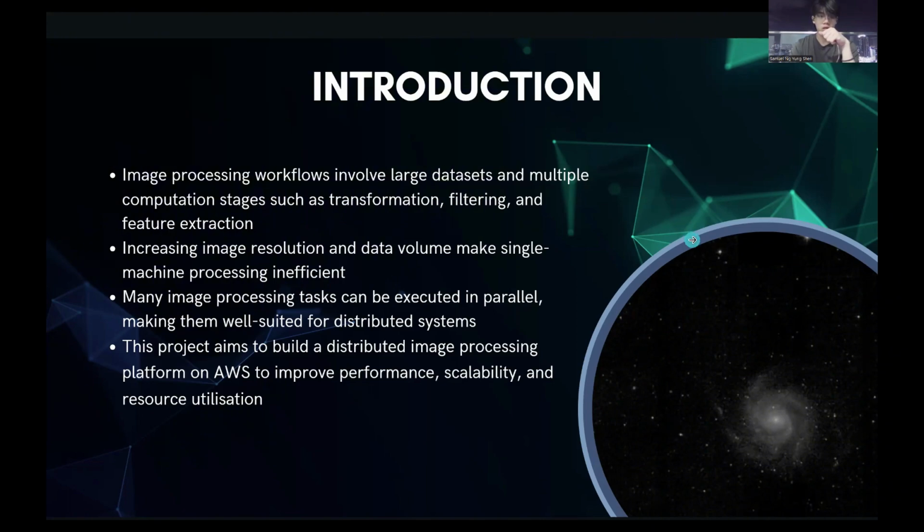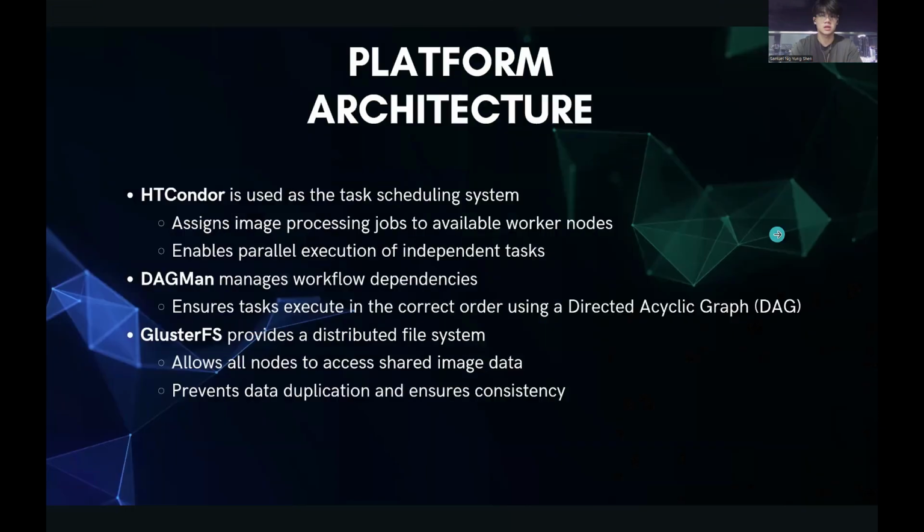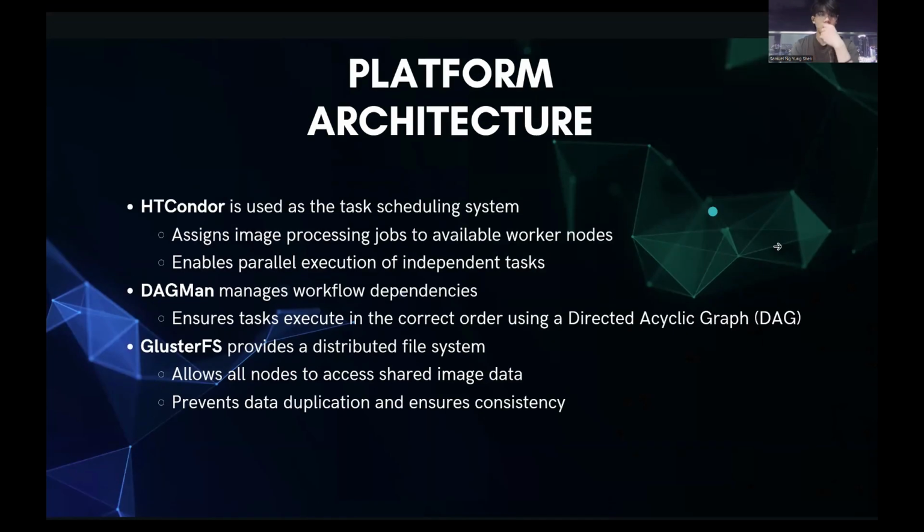To address these challenges, we implemented a distributed platform using a master-worker architecture on AWS. Our platform consists of three main components: HTCondor, DAGMan, and Cluster FS. HTCondor is the task scheduling system responsible for distributing image processing jobs across available worker nodes.